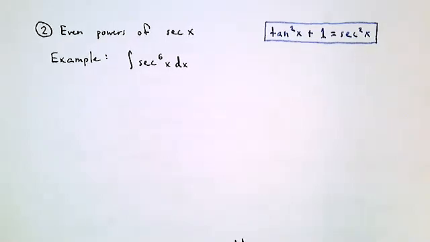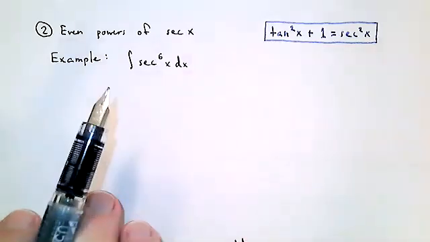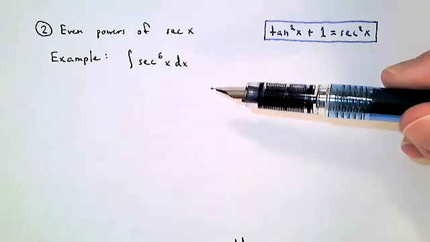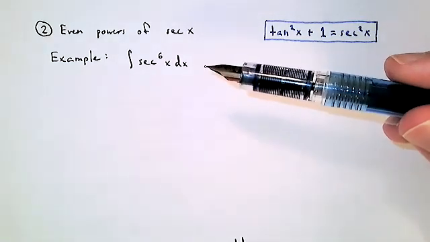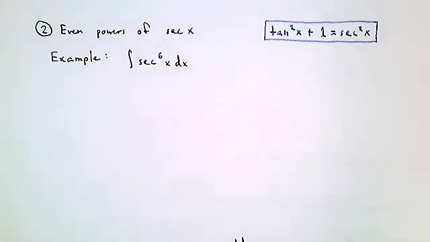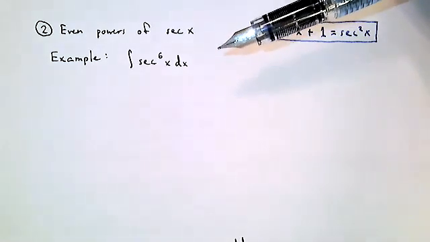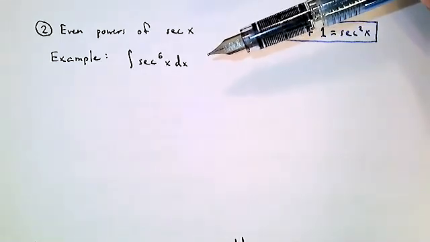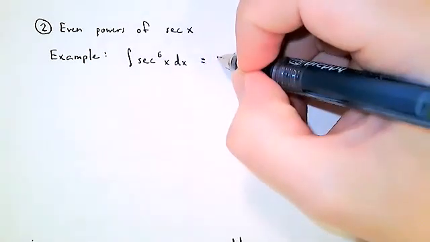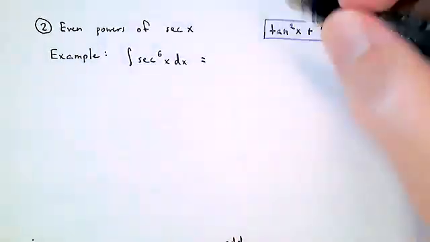And this one actually I think is a little bit simpler. The idea behind this integral that we're about to do with an even power of secant is that secant squared is the du if we're going to do a u substitution with a tangent. So we want to break off a secant squared and leave it, and then what's left over is going to be another even power of secant, since we started with an even power.